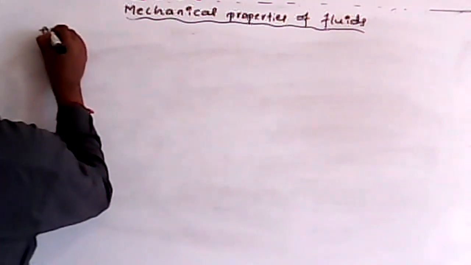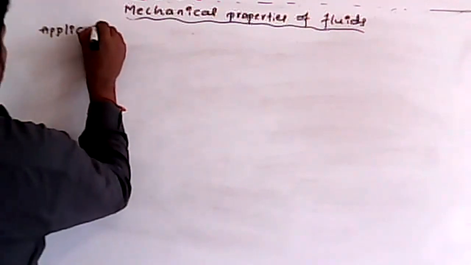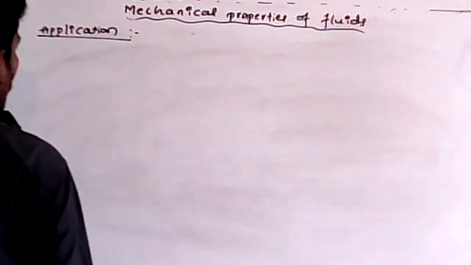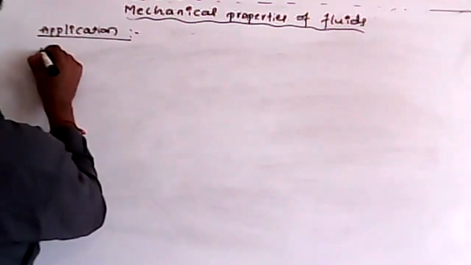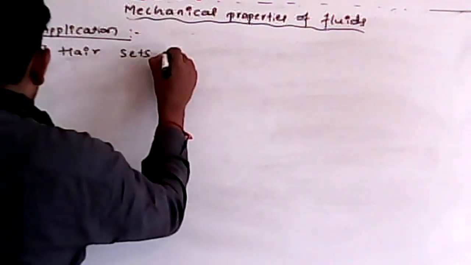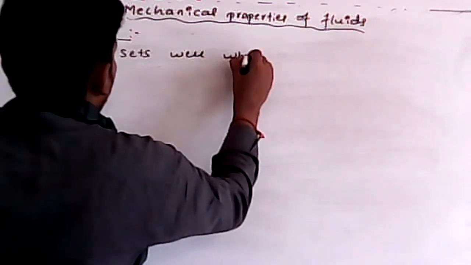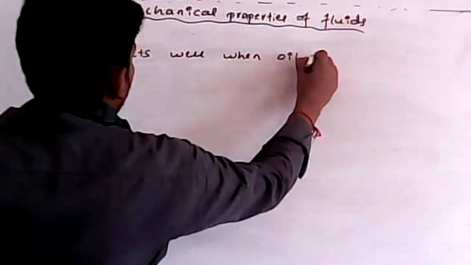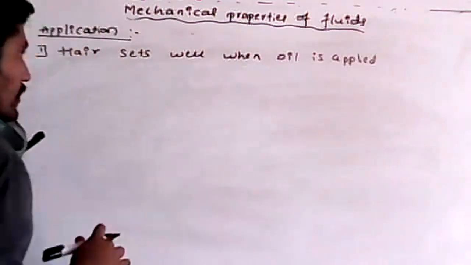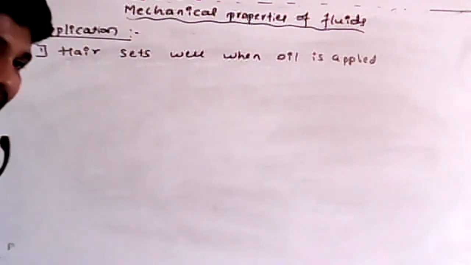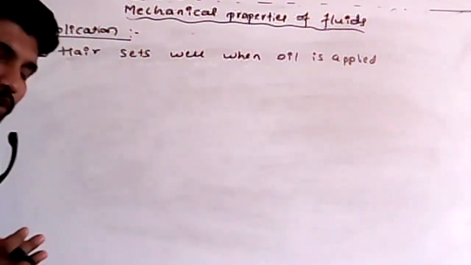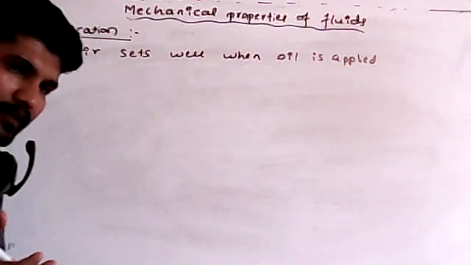Next, application of this concept. What are the applications of surface energy or surface tension? First one: hair sets well when oil is applied. In our daily life we already know how dry hair looks.